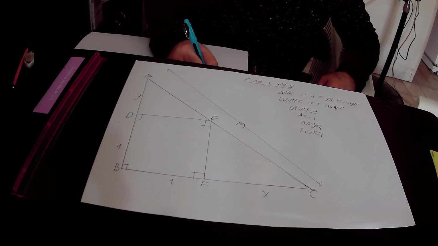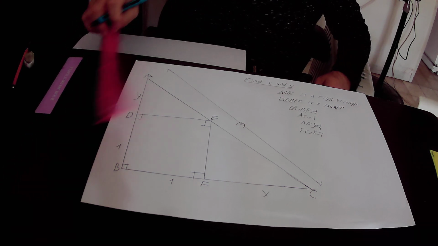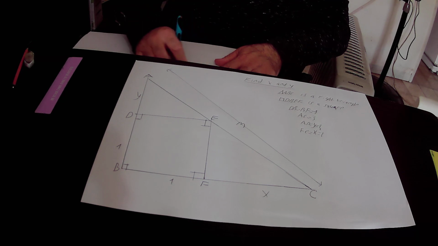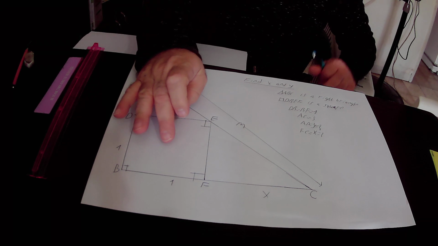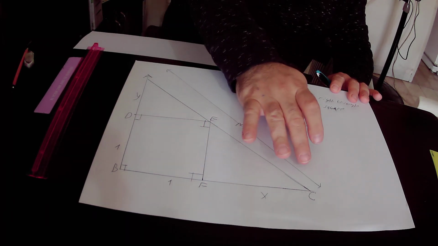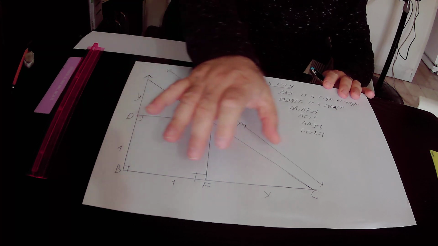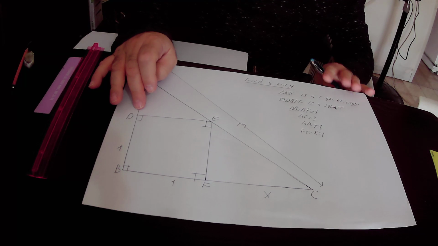And BF is part of BC, and BF is parallel to DE.